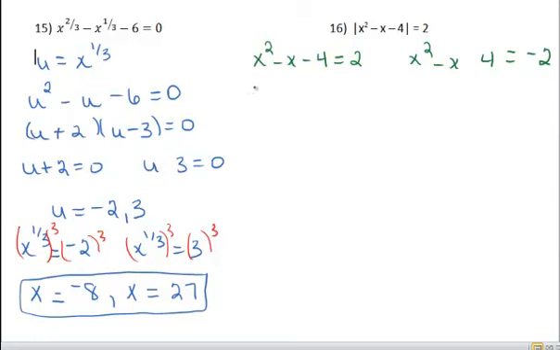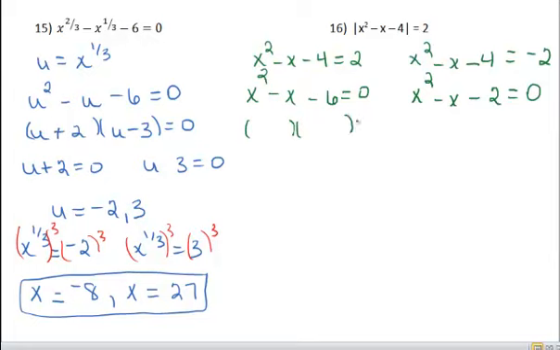Solve them. So we're going to subtract 2 from both sides. x squared minus x minus 6 equals 0. And then factor. Remember, if it doesn't factor, then you have to use the quadratic formula.